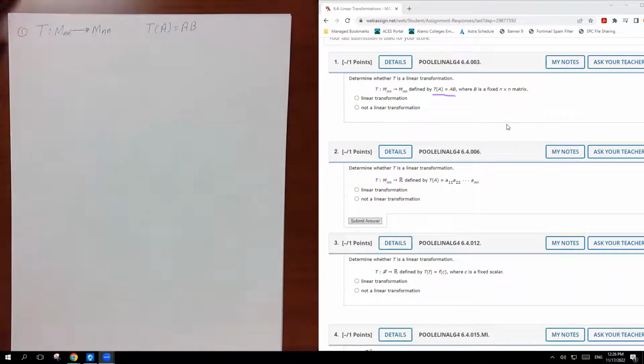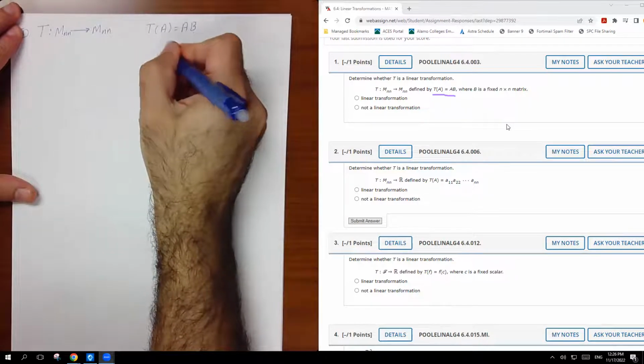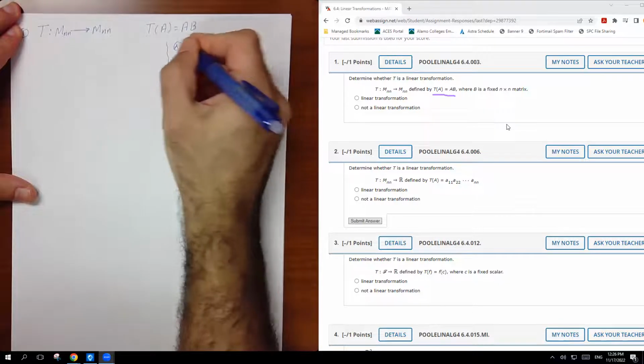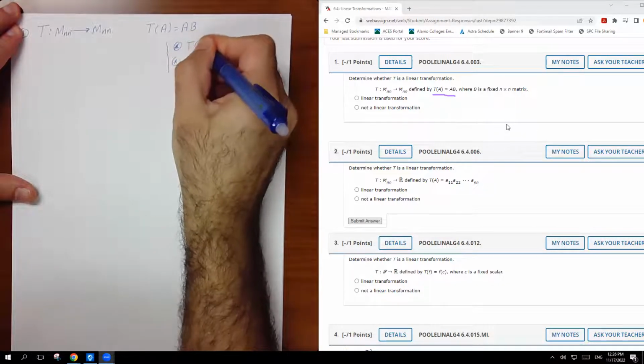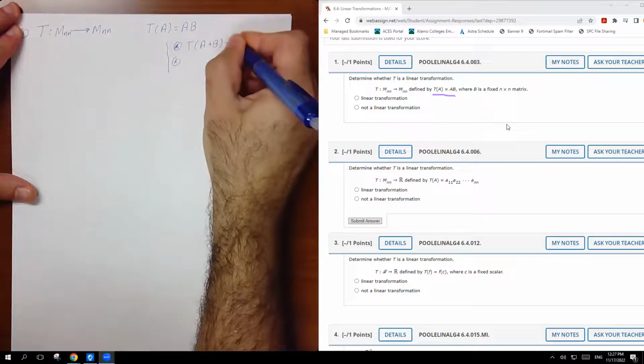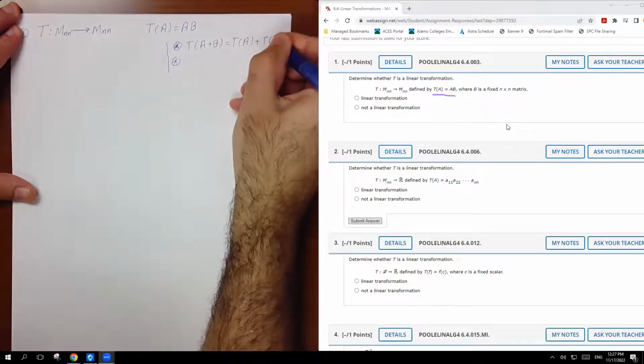So let's check how we're going to prove that. First, we need to apply the rule. The rule of a transformation says you have to prove two conditions. The first condition: T(A + B) is going to be T(A) + T(B).